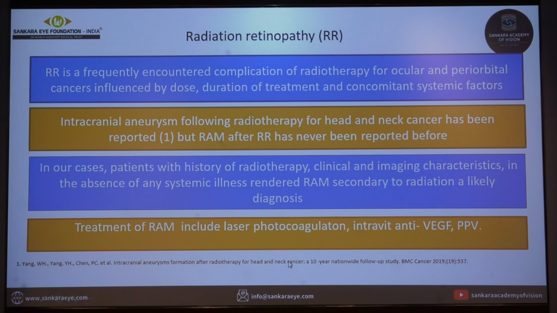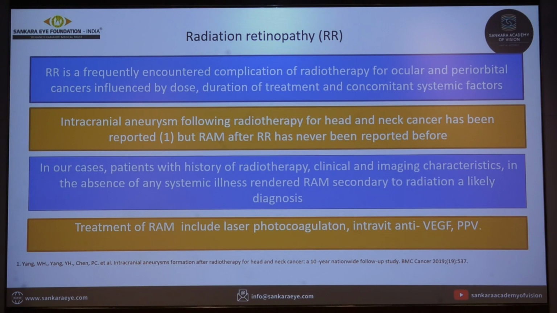Radiation retinopathy is a frequently encountered complication of radiotherapy for ocular and periorbital cancer. It is influenced by the dose, duration of treatment and concomitant systemic factors. Intracranial aneurysms following radiotherapy for head and neck cancer have been reported, but RAM in radiation retinopathy has never been reported before.